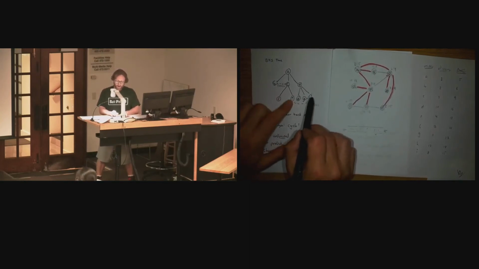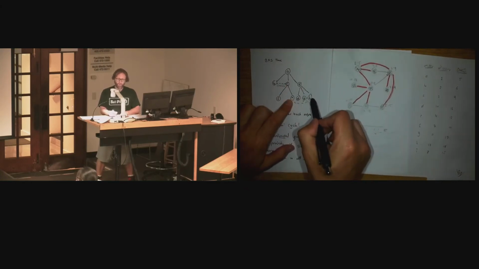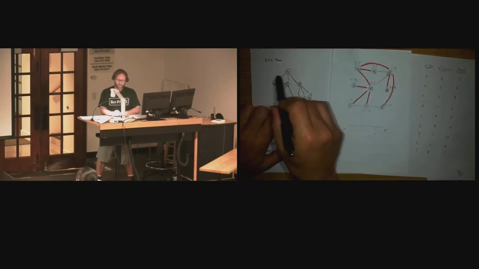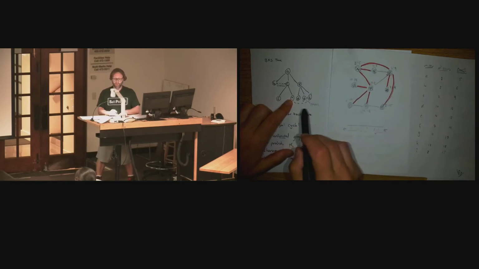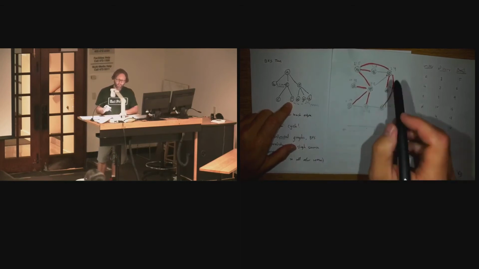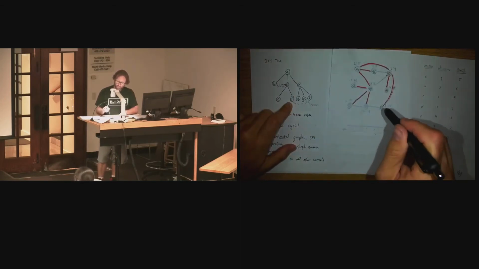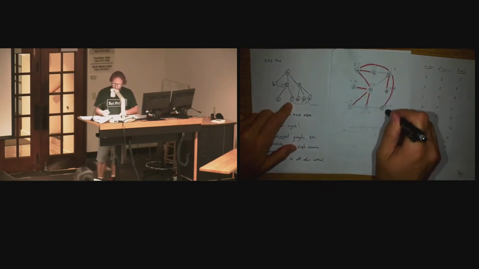To get from I to H, I have to travel all the way up to A, and then travel all the way back down to H. If I just looked at the BFS tree, it would look like there's a path of length 4. So if you're interested in shortest paths from I to all the other vertices, you need to start your BFS traversal at I, and then generate the BFS tree with respect to a starting vertex of I.